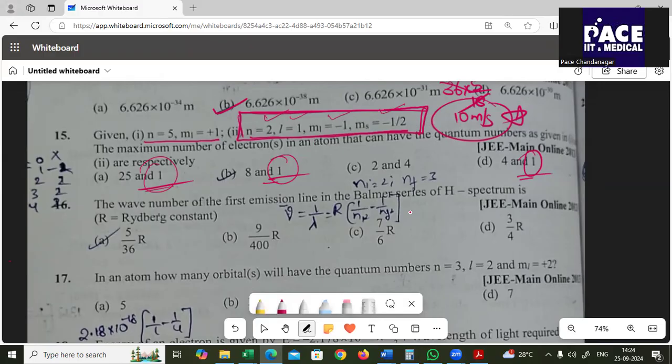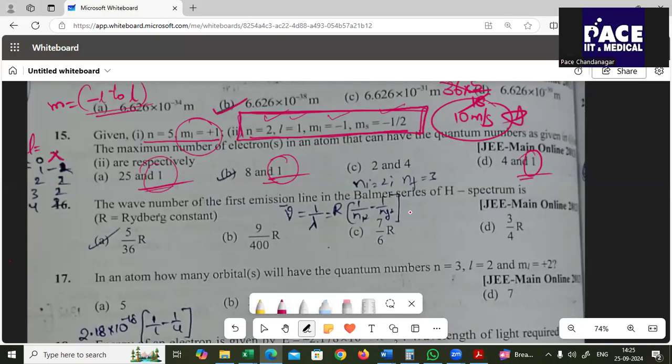And next, coming to the first part, n equals 5. If n equals 5, L values are 0, 1, 2, 3, 4. As you can see my cursor moving here, L values are 0, 1, 2, 3, 4. And what are your m values? m always ranges from minus L to plus L. For m equals 1, L equals 0 is impossible, na, minus 0 to plus 0.